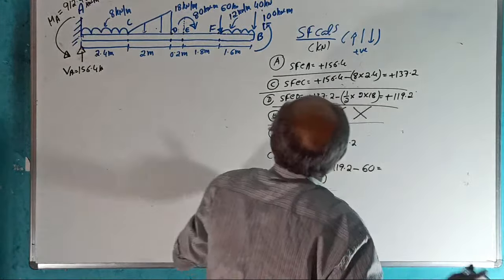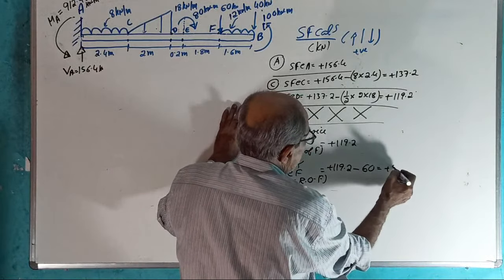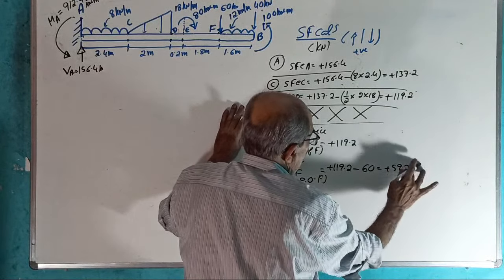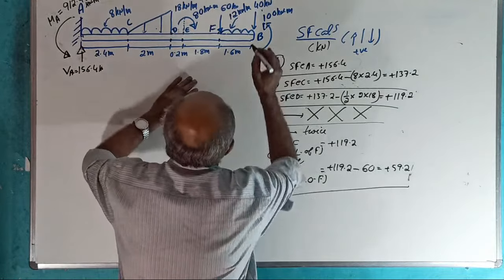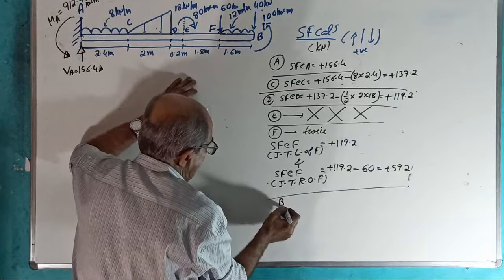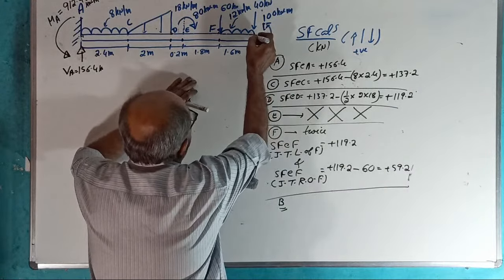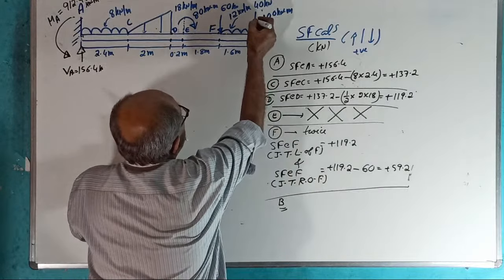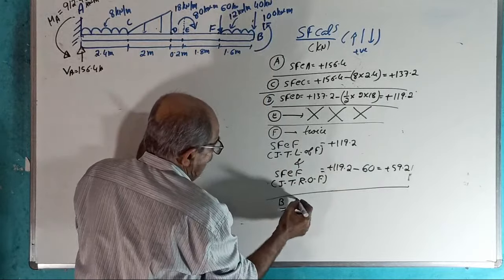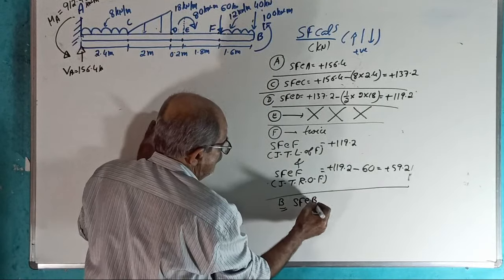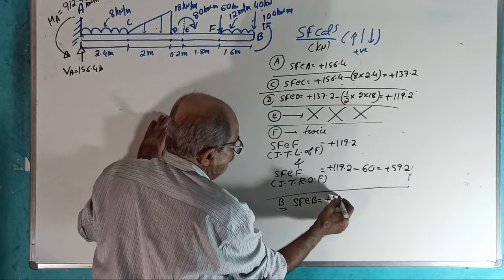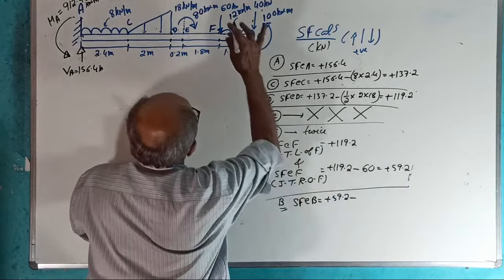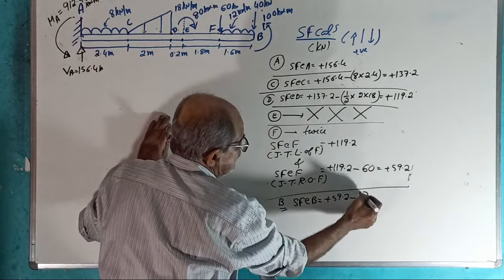Plus 59.2 kilonewton meter. Lastly, come to B. At B, even if a point load is there, only one calculation comes, slightly inside. Previous value is plus 59.2 minus 12 into 1.6.